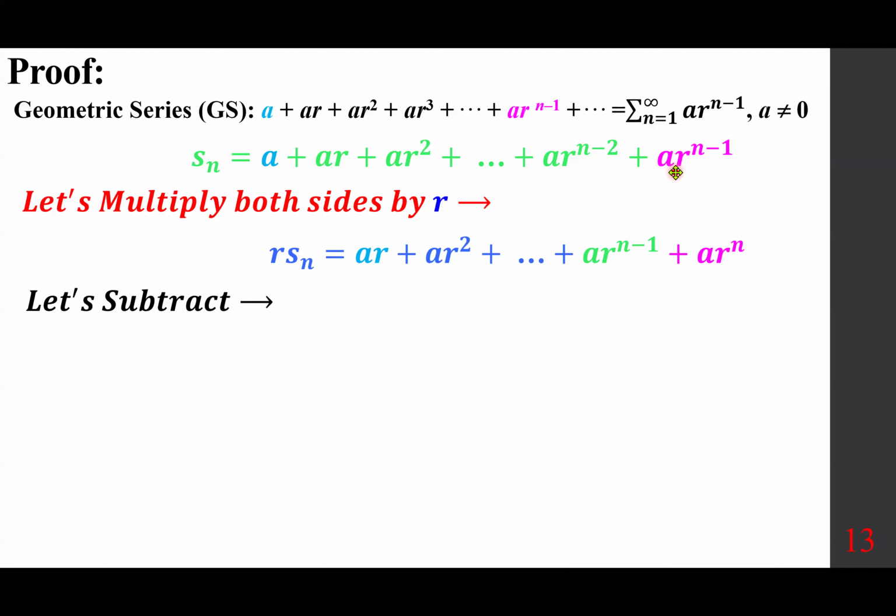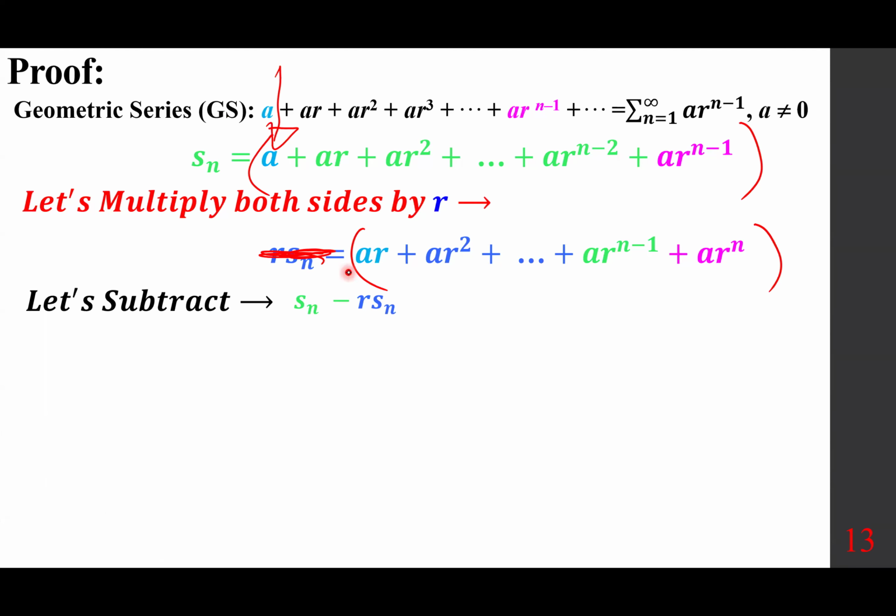Let's subtract, in other words, s sub n minus r s sub n. That means we are going to say this minus this. The first term here remains because we don't have a here.